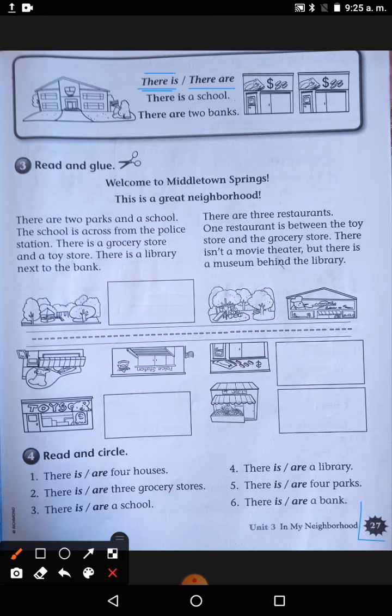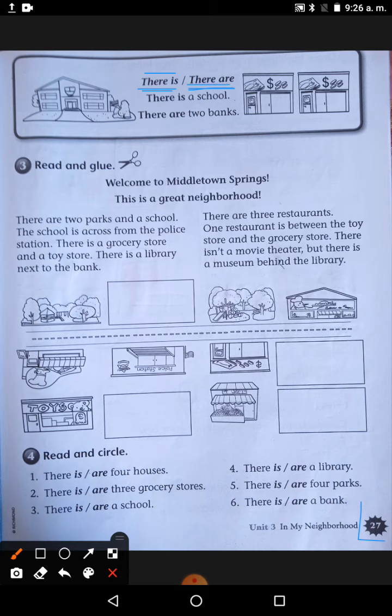There is is used to talk about only one object, only one thing, or only one person. Okay? Well, that means that we use there is for singular, and we use there are for plural when we talk about more than one place, more than one object, or more than one thing.